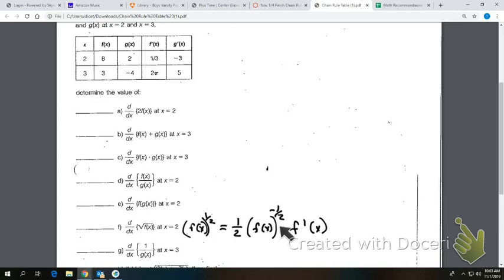So I'm finding f of 2. F of 2 is 8. See it? So it's 1/2 times, well, let's think about this. If f of 2 is 8, that's 8 raised to negative 1/2. Isn't that the same thing as 1 over the square root of 8? Times the derivative of f at 2, which is 1/3.